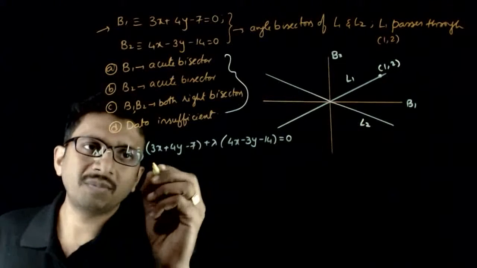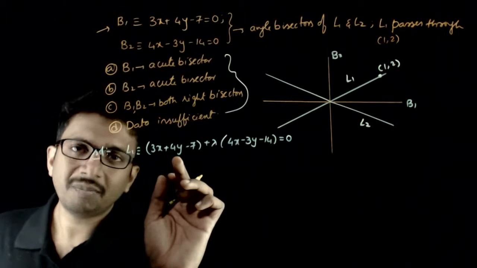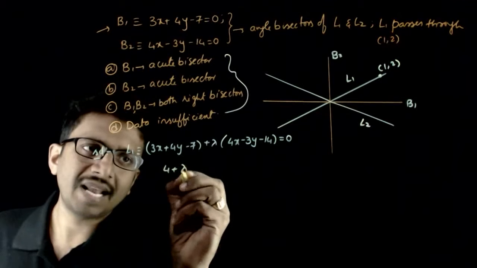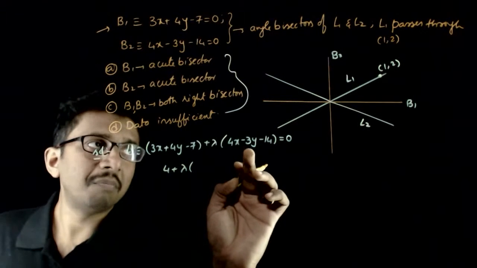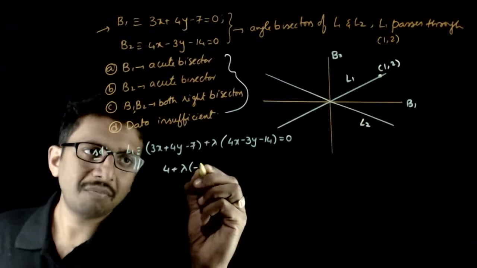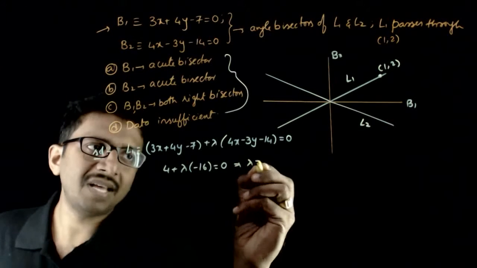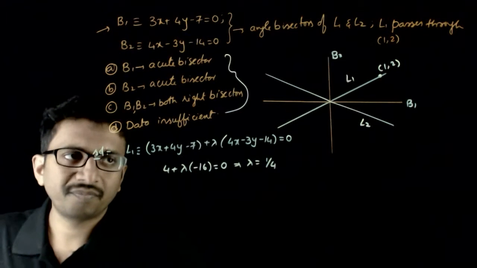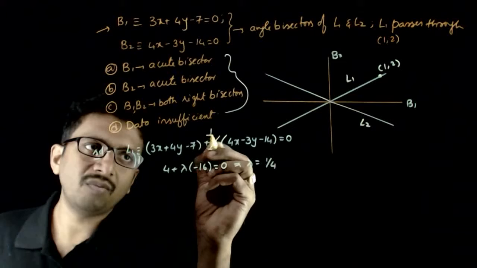So x is 1, y is 2. 3 + 8 = 11, minus 7 gives 4, plus lambda times, if you substitute (1, 2) here, you get 4 - 6 = -2, minus 14 is -16, equal to 0. This implies lambda is equal to 1/4. It means L1 can be obtained by putting lambda equal to 1/4.